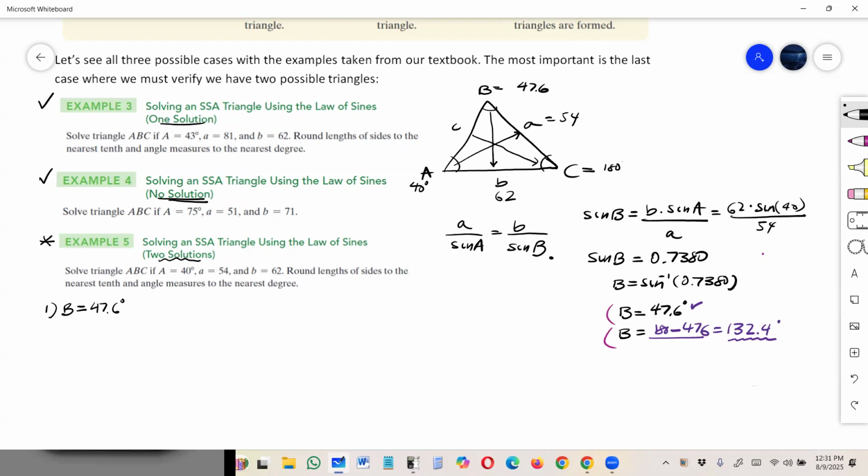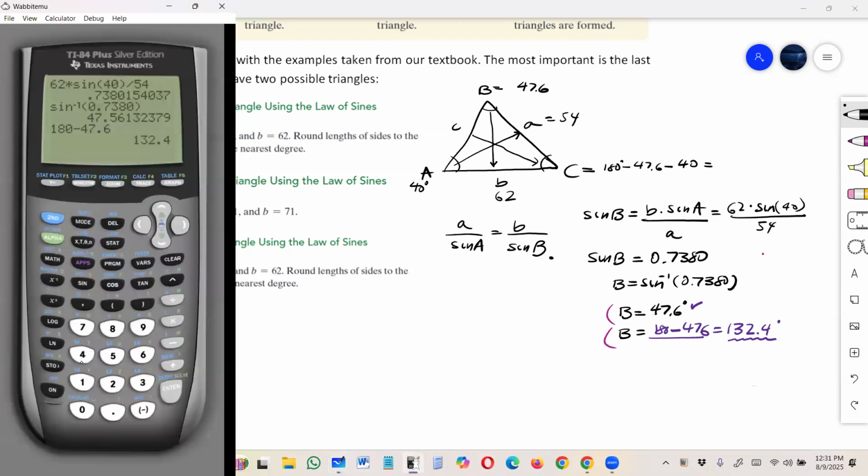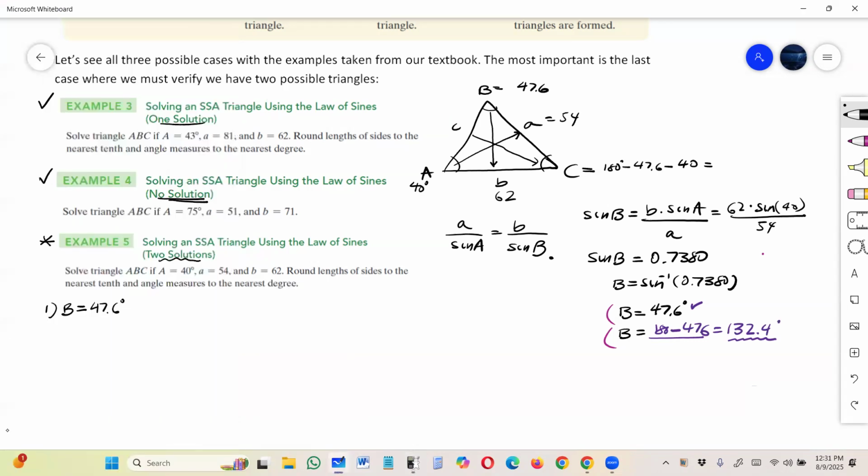So I'm going to do here 180 minus 47.6 minus 40. And let's find out what that is. So 180 minus 47.6 minus 40, and we get 92.4. So C is 92.4.